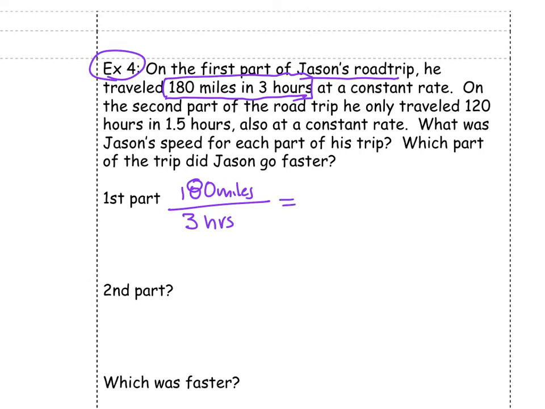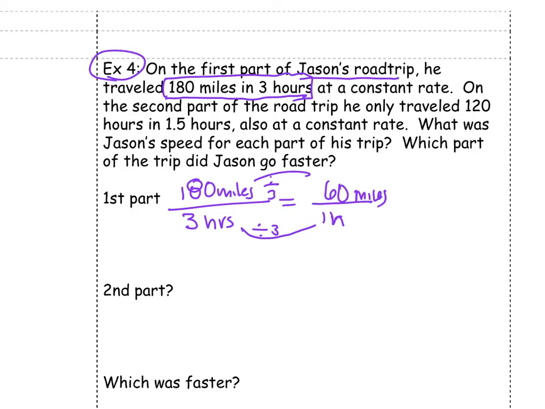And we want to know per 1 hour. So I can easily do that proportion, divide by 3, divide by 3. So for the first part of the trip, he went 60 miles per 1 hour.